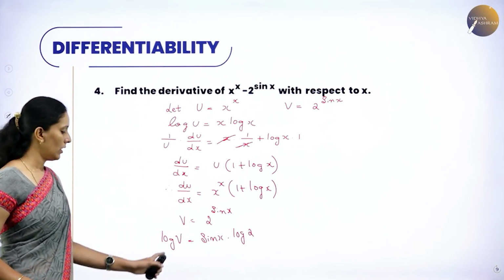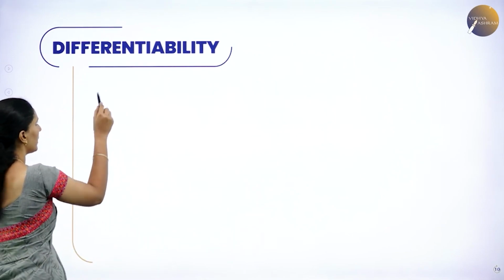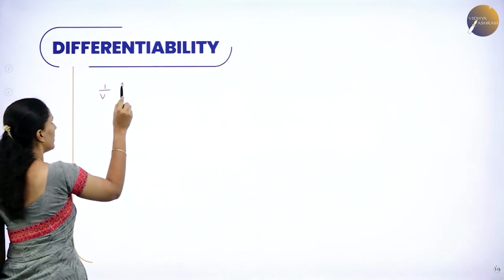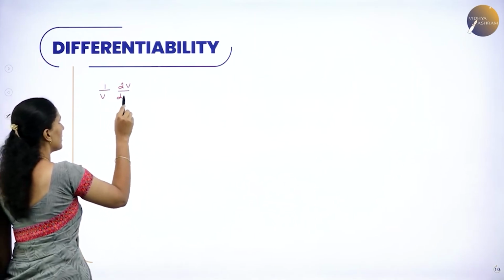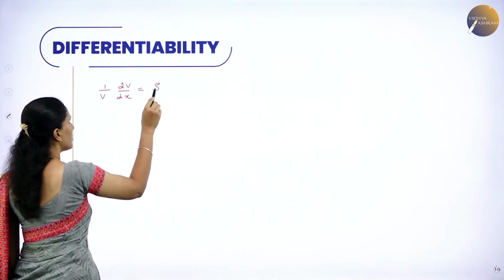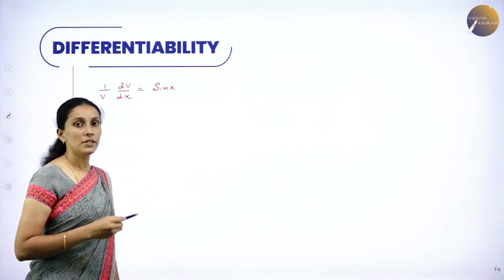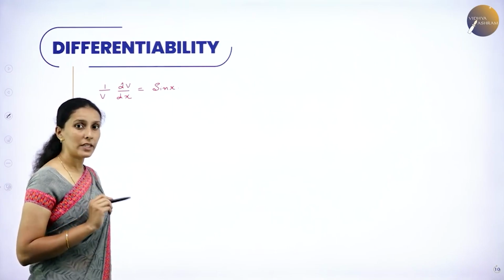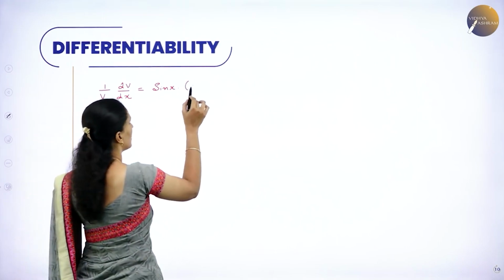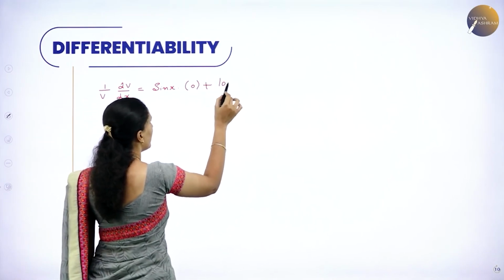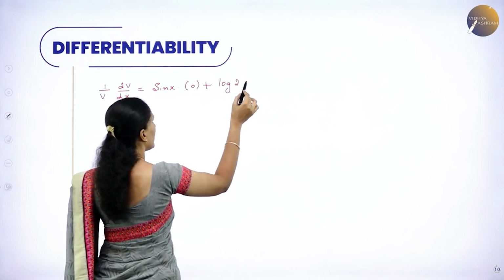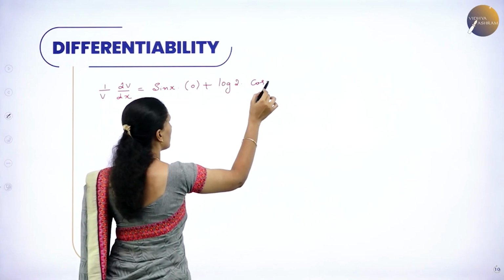So again let us differentiate it, then it becomes 1 by v dv by dx is equal to, first function is sin x, second function is log 2. So derivative of log 2 becomes 0 since it is constant. Plus second function is log 2. Derivative of sin x becomes cos x.